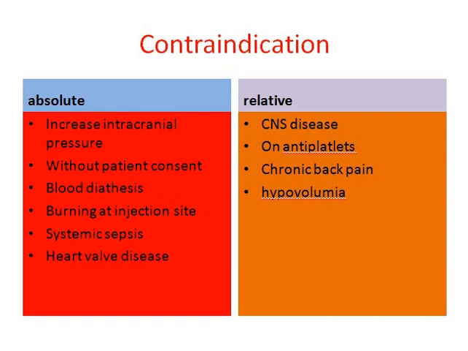Blood diathesis, which is a coagulation problem that can result in bleeding at the puncture point, burns or allergy at the injection site, and systemic sepsis, as it can be a route of entry for many infections. Heart valve diseases. Relative contraindications include CNS disease, patients on antiplatelets such as aspirin and clopidogrel, chronic back pain, and hypovolemia.